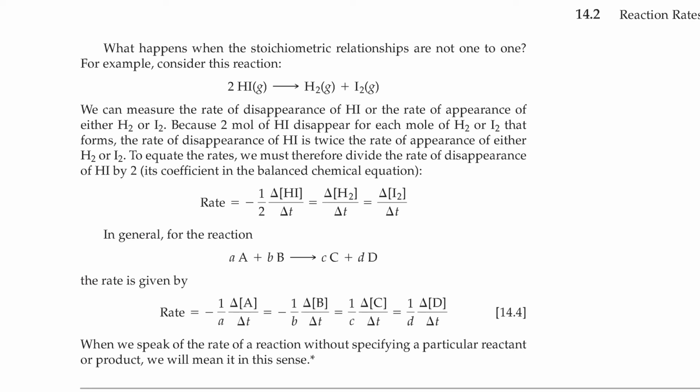In general, for this reaction, lowercase a times A plus lowercase b times B goes to lowercase c times C plus lowercase d times D, the rate is given by negative 1 over a times the change in concentration of A per time, equals negative 1 over b times the change in concentration of B per time, equals positive 1 over c times the change in concentration of C per time, equals positive 1 over d times the change in concentration of D per time.